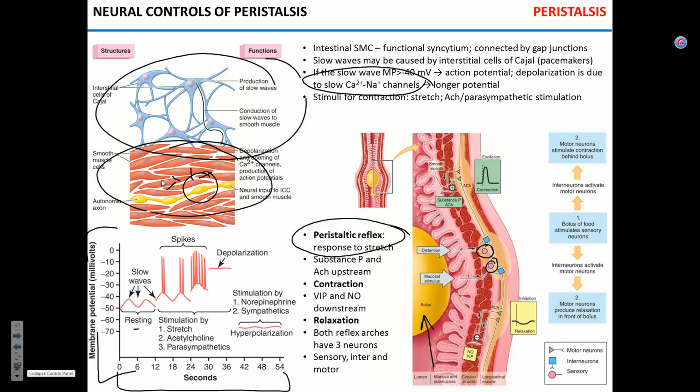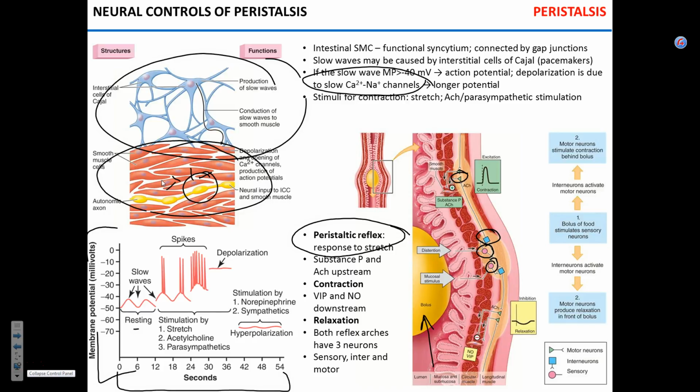These are sensory receptors, sensory neurons. Keeping up? Sensory neurons perceive the stretch or chemical changes, okay? And they communicate that signal to the interneurons, the blue ones. Interneurons produce the response by stimulating motor neurons.